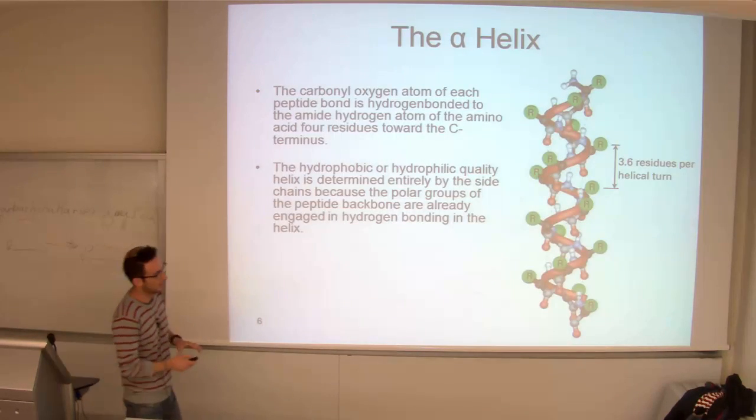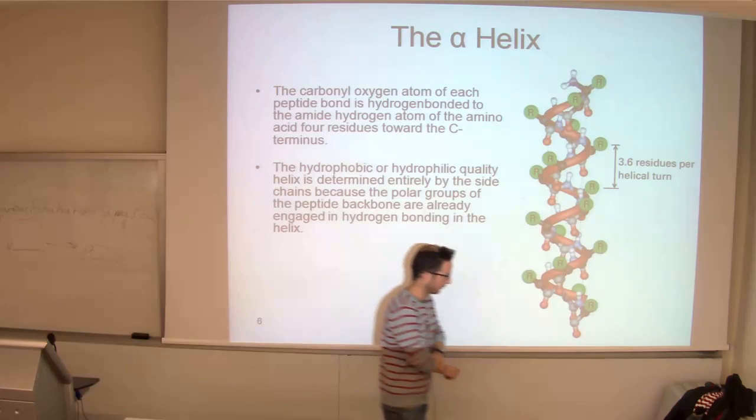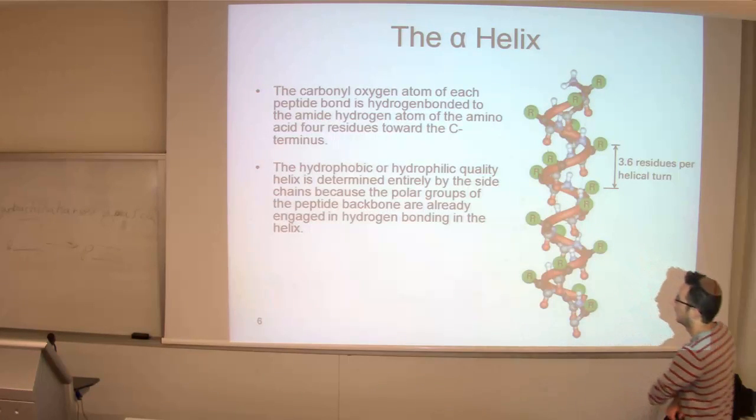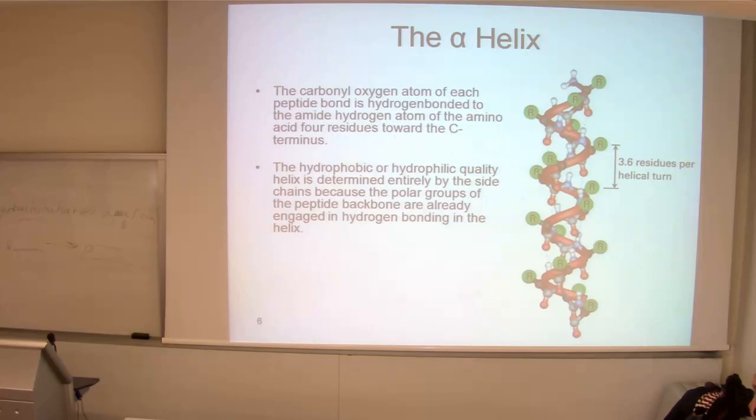And let's start with the alpha helix. So the hydrogen bond in this structure is the following. It's the hydrogen bond between the oxygen of the carboxyl group right here, with the hydrogen from the amide group right here. So this is a typical hydrogen bond.